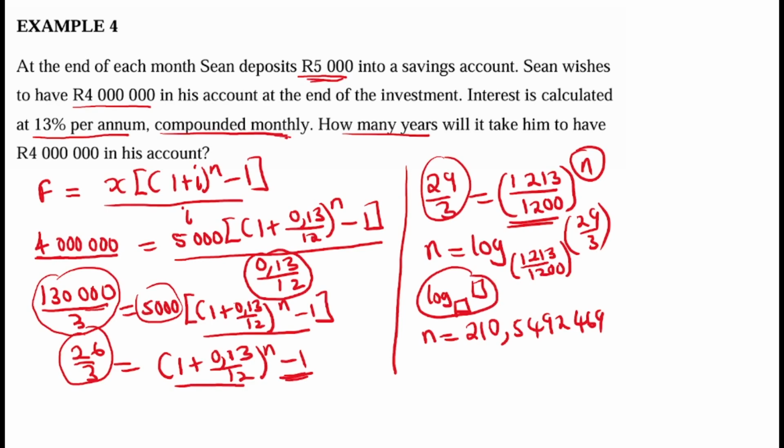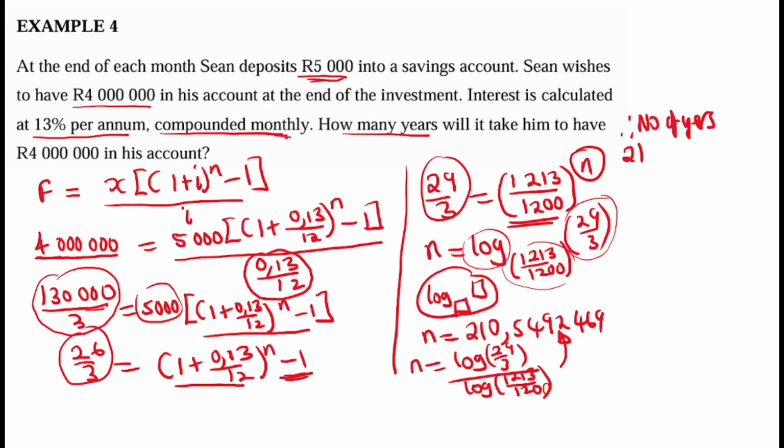You can say n is equal to log of the argument, 29 over 3, as your numerator, divided by log of the base, 1,213 over 1,200, as your denominator. You're going to get the same answer, 210.5492469.